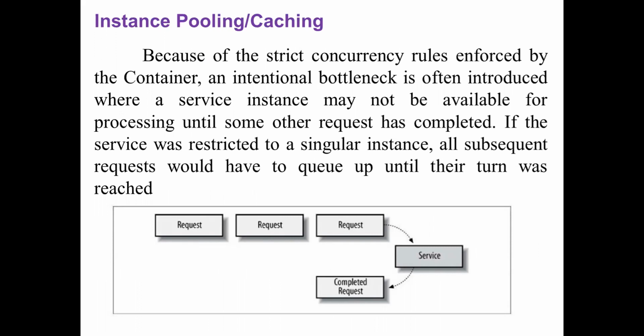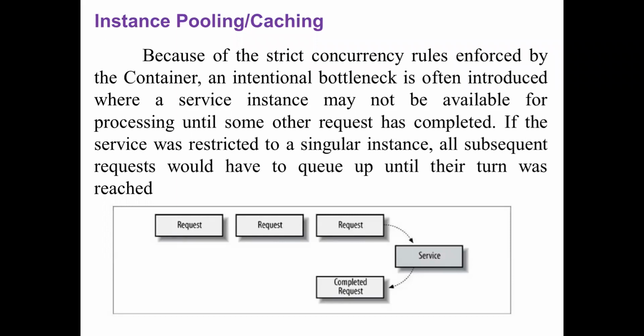So what is the use of pooling and caching in the EJB service? Simultaneously, the server will receive requests, and one by one the requests are sent to the database. In the database, one service will execute completely, and only then go for the next request.